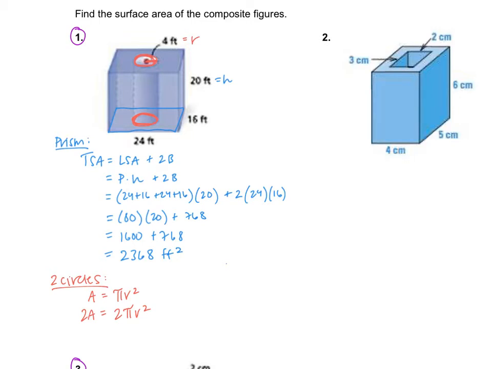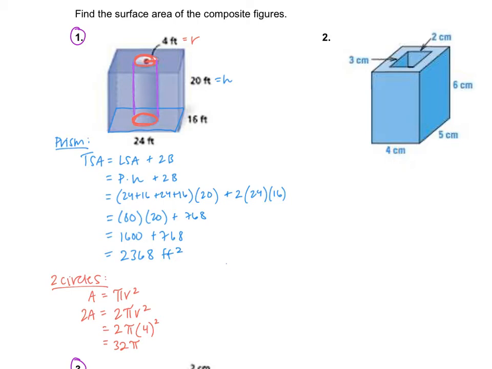So to find the area of both, we're going to take 2 times pi times the radius, which is 4, squared. 4 squared is 16. 16 times 2 is 32. So we're going to have 32 pi as the area of the 2 circles. Now, something that we also have to consider in the picture is this cylinder.